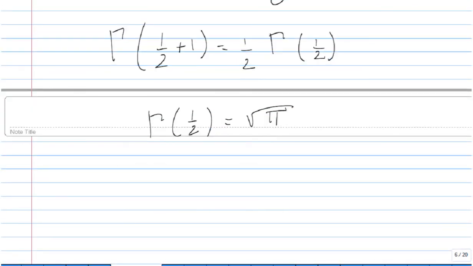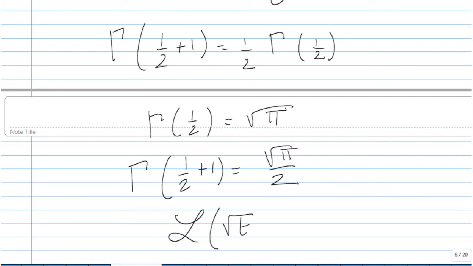I have it on the website sosmath.com, you can use the beta function, or you can also use the integral of e to the minus x squared from 0 to plus infinity. Anyway, there are many ways we can prove this formula, and therefore gamma of 1 half plus 1 is square root of pi over 2, which tells us that the Laplace of square root of t is square root of pi over 2s to the 3 half.